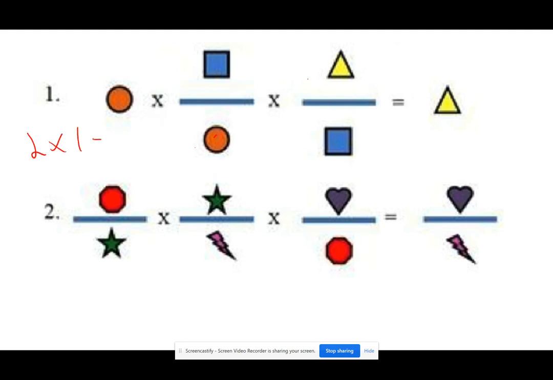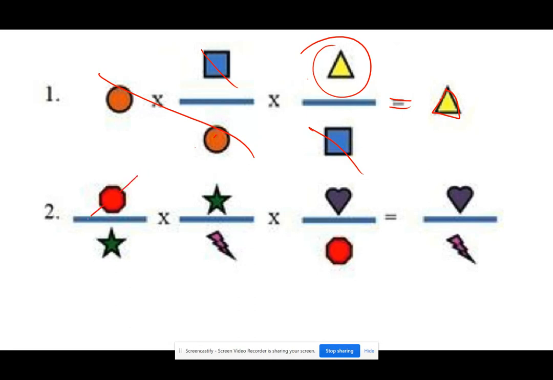2 times 1 equals 2. That's why when something equals 1, we can just get rid of it and take it out of the equation. Here I see square and square on the top and bottom. They cancel out, so all I'm left with is triangle. That's why this whole equation equals triangle. Let's take a look at number 2.